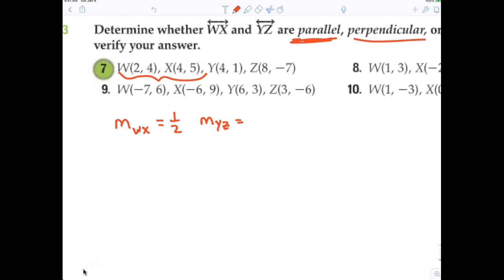What's the slope of YZ? 8 over what? -4. Which is? Oh, -2. Right, does everybody agree? 8 over -4, he's correct. 8 over -4, which is -2. I'm finding the slope.